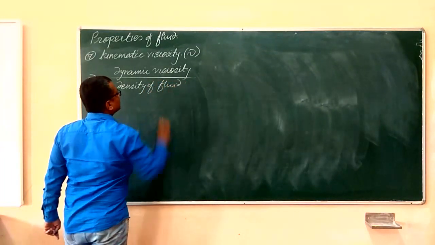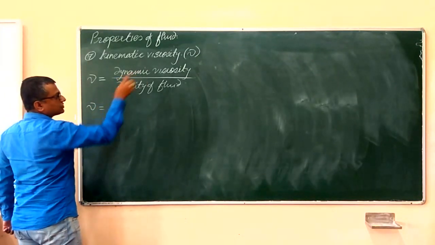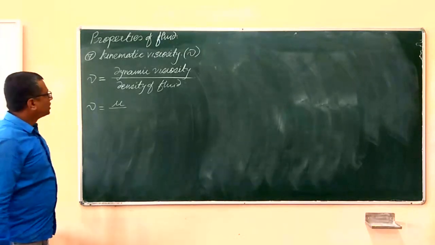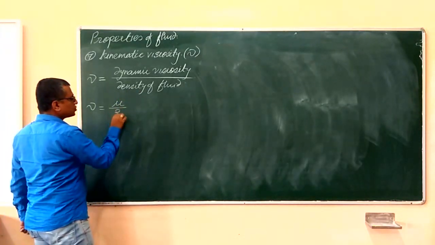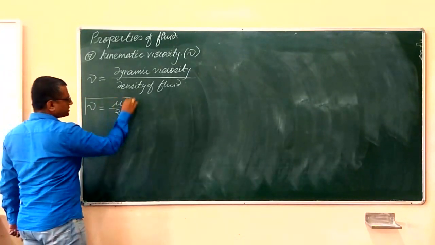So it can be written as nu equals mu, the dynamic viscosity, divided by rho, the density of the fluid. So that's the formula, as simple as this.